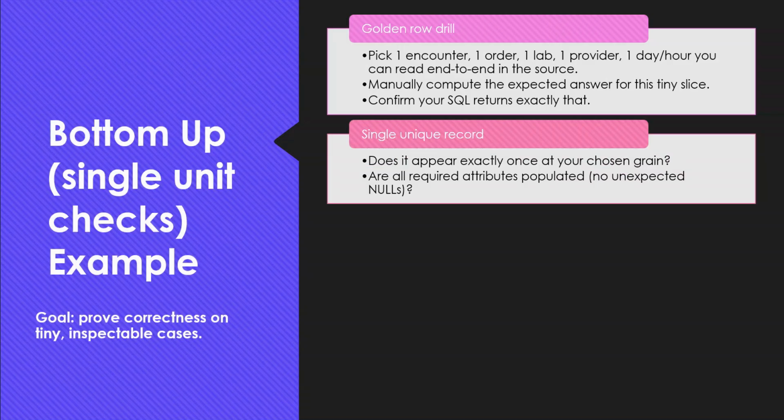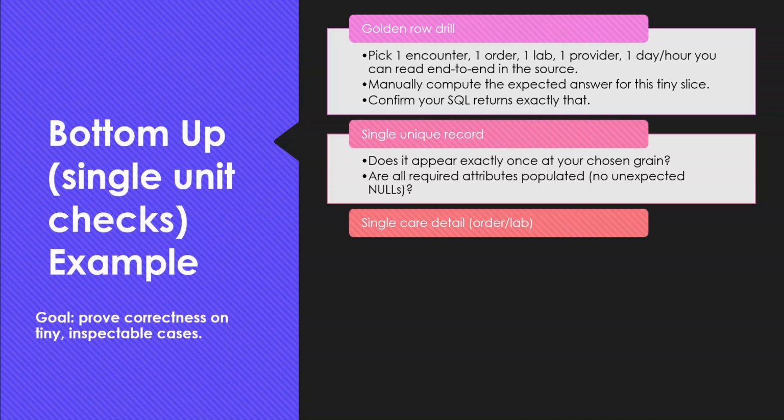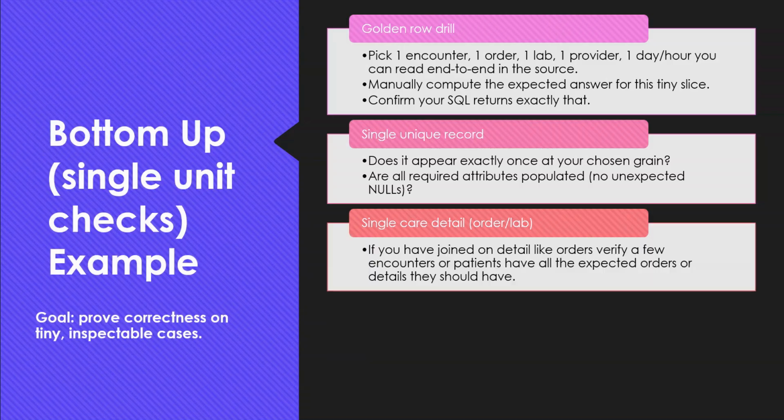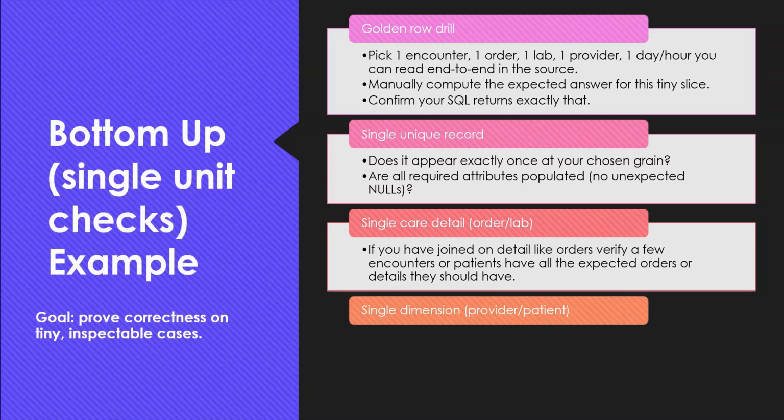This is the kind of check we're doing. And are all the required attributes there that we were expecting? If it's not a single encounter, it might be something like a single order, right? If we went out to the detail to get something more granular, let's verify a few of our encounters to see if they have the orders we would have expected, and if the information that we anticipated is coming up for an example.